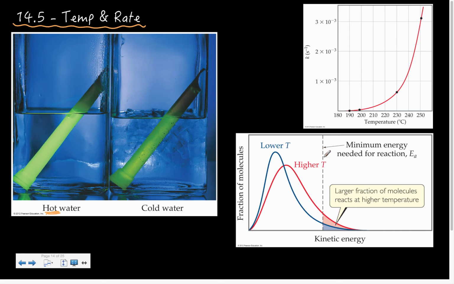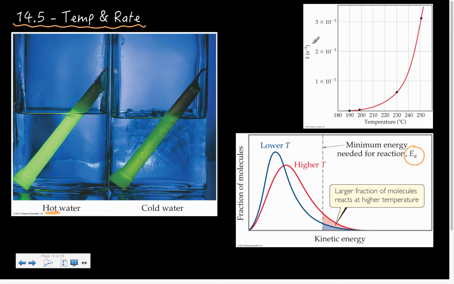The kinetic energy is what we're using to surmount the activation energy, which means that as we increase the temperature, a larger fraction of molecules has the energy needed to overcome the activation energy, because that's what we use our kinetic energy for.